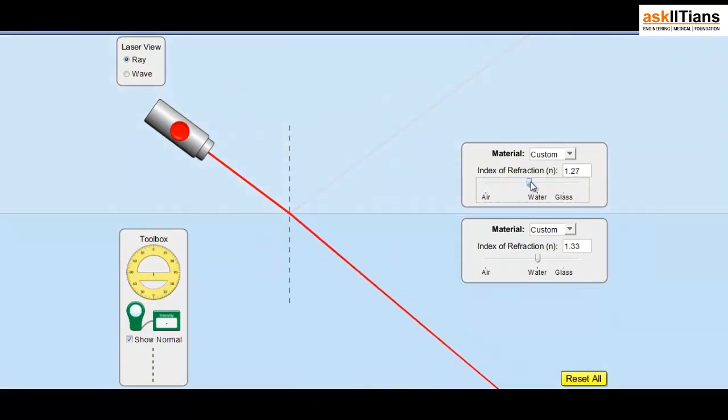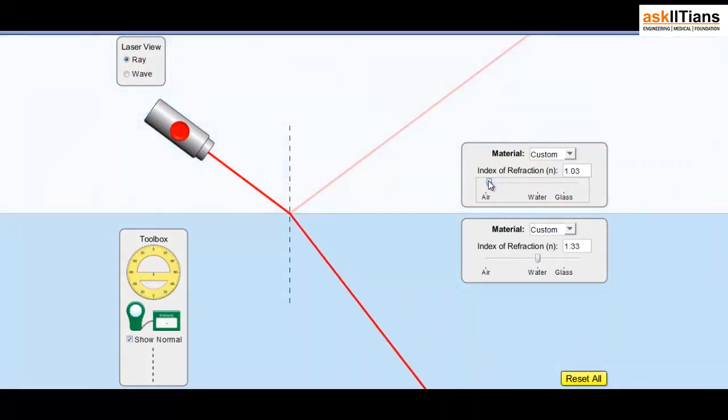If I play along, you see it's moving away from the normal. I don't intend to tell you about the refraction right now. I'm just making you comfortable with this particular simulation. Again, right now I'm decreasing the refractive index of this medium which you are seeing over here. Let's put it over here.